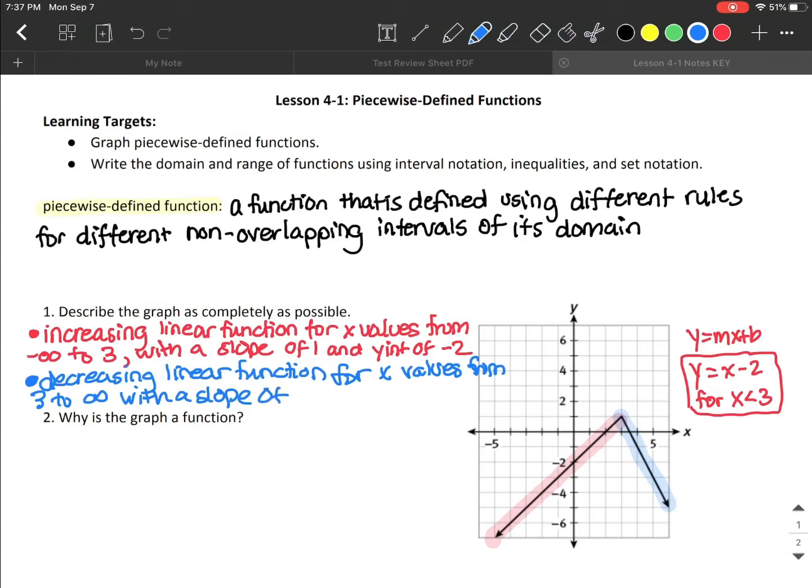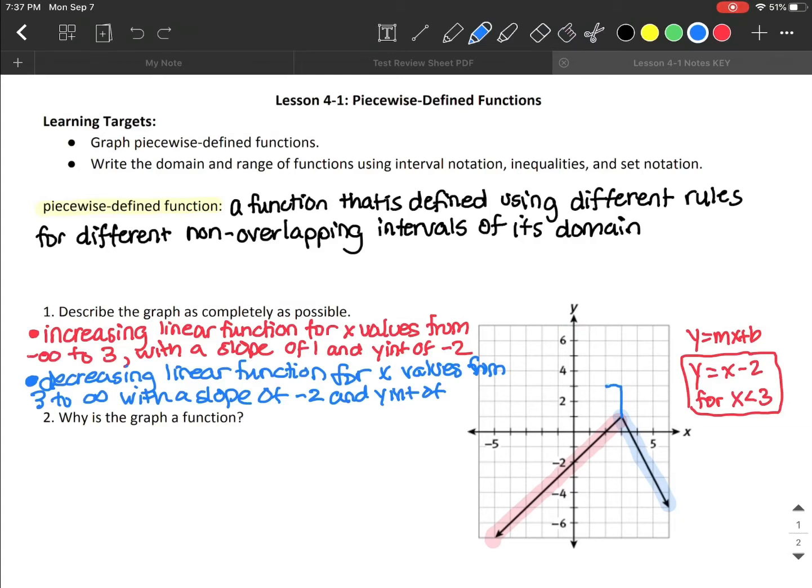I'm going to have a slope from one point to the next. I'm going down 2 to the right one, down 2 to the right one. So that's negative 2 over 1, which is just negative 2. The y-intercept isn't immediately on the graph, but I can find it by using the slope and going backwards. I'm going up 2 to the left one, up 2 to the left one, up 2 to the left one, and I hit 7. So I know my y-intercept is 7.